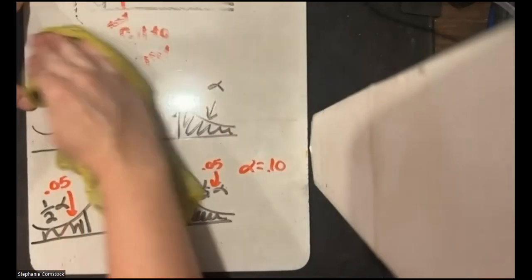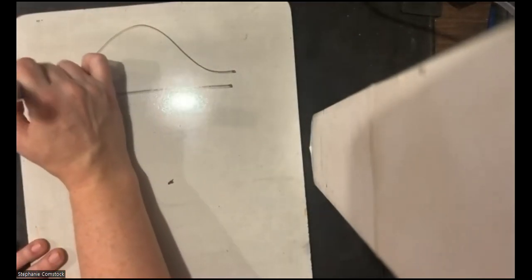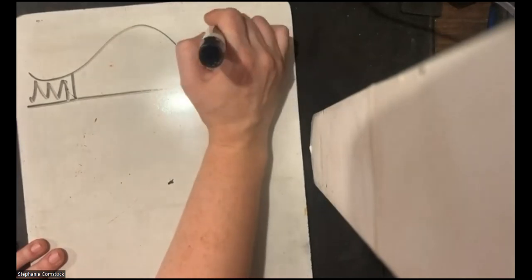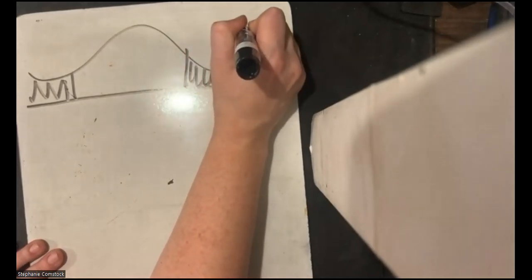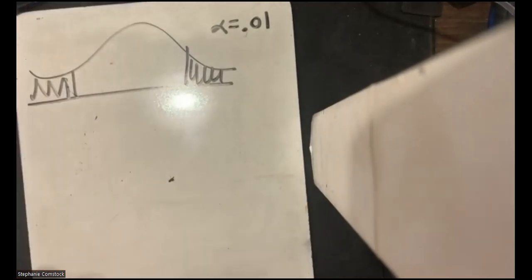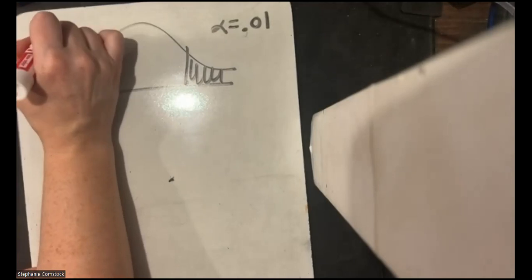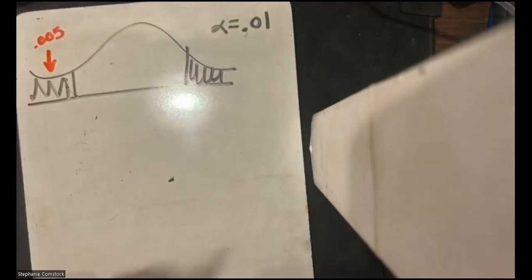So, for example, if I was going to do a two-tailed test and I'm going to set alpha to be 0.01, what that implies is I need half of that, so 0.005 down here. And again, we know that this mirror matches.